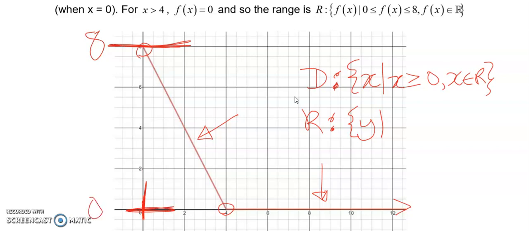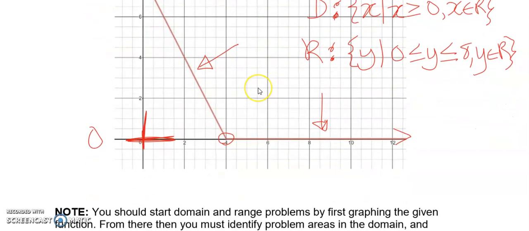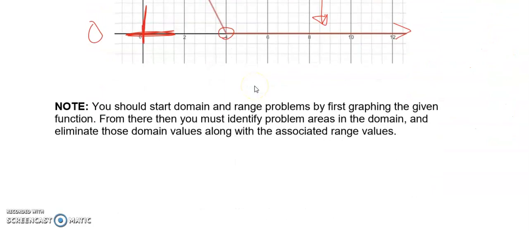And that's got a y value of 0. So again, the way you would write that, all the values between 0 and 8, including 0 and 8, would look like this. 0 is less than or equal to y, which is less than or equal to 8. y belongs to the real numbers. So there's your domain and your range. Now let's look carefully. I'm going to do one more example of these with you.